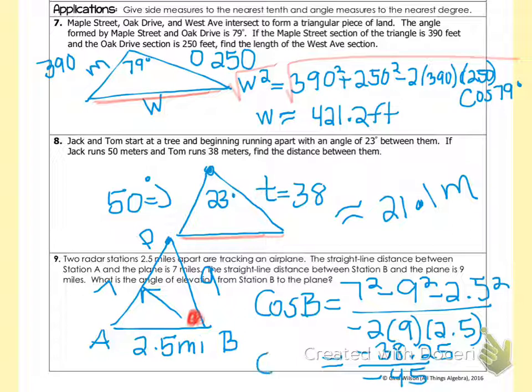Remember, that's what the cosine of B equals, so to solve, we take the inverse cosine, and that'll tell us our angle. The inverse cosine of negative 38.25 divided by negative 45 is about 31.7883, so about 31.8.